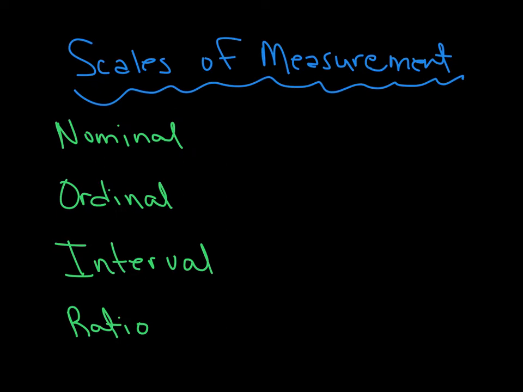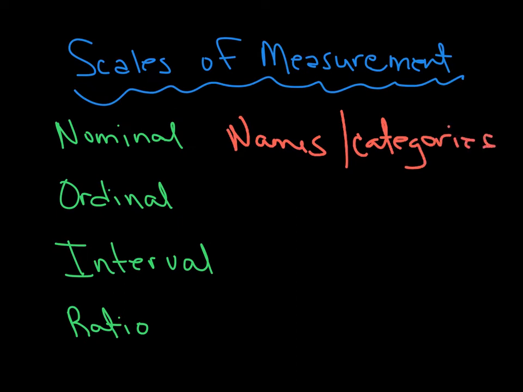So with nominal, think of names or categories. So, dog versus cat. That's just a category or a name of a type of pet. There's no numbers attached to these. Ordinal. Think of order or ranking.